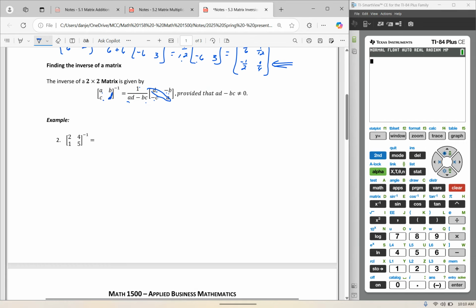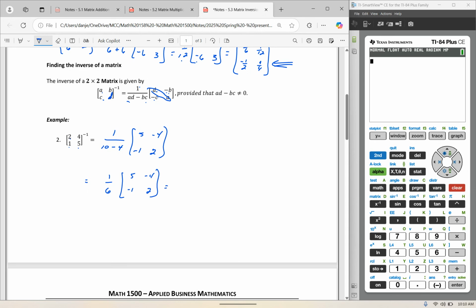So let's look at example 2. Same thing again. A is 2, B is 4, C is 1, D is 5. 1 over AD, 2 times 5 is 10, minus BC, 4 times 1 is 4. So that's going to be 1/6. The A and the D, the 2 and the 5, are going to switch places. The 4 and the 1, B and C, are going to change signs. 5, -4, -1, 2.